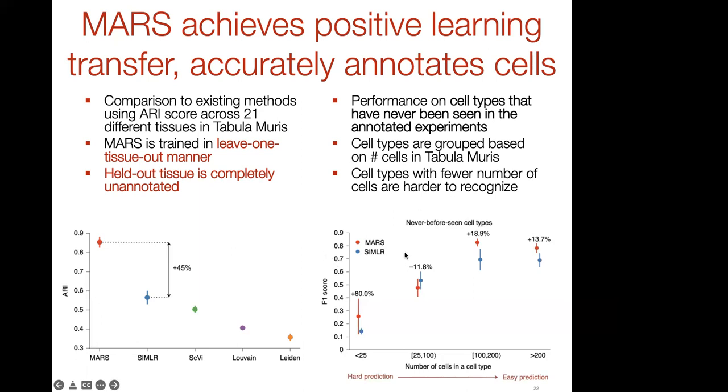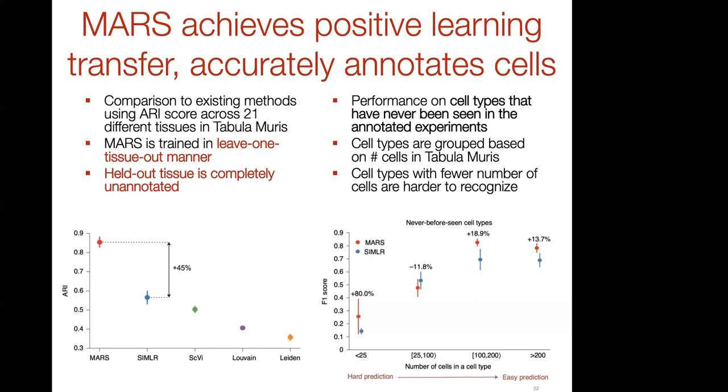What is even more exciting is that in this plot, I believe on the right part of the slide, we took Mars and the second best performing baseline model, which was similar in this experiment, and we calculated performance of Mars and similar measured as F1 score. Again, higher value indicates better performance, and we did that as a function of how many cells a particular cell type has.